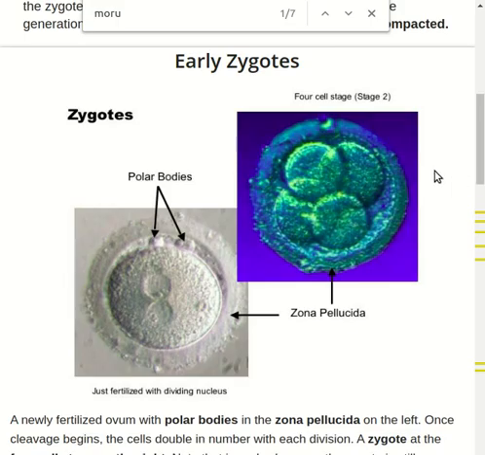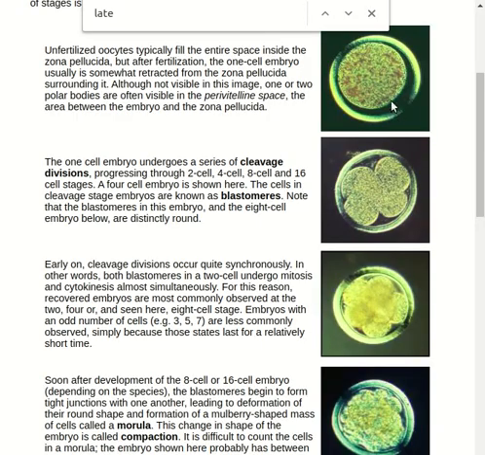So again, a zygote is going through cell division and then turns into a morula.